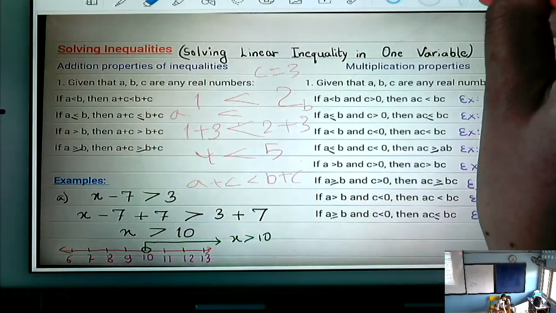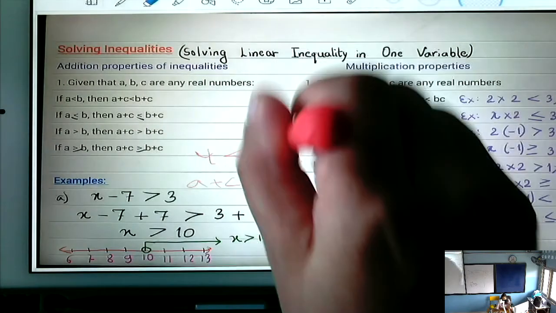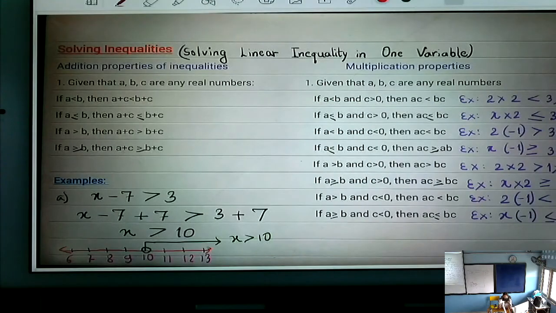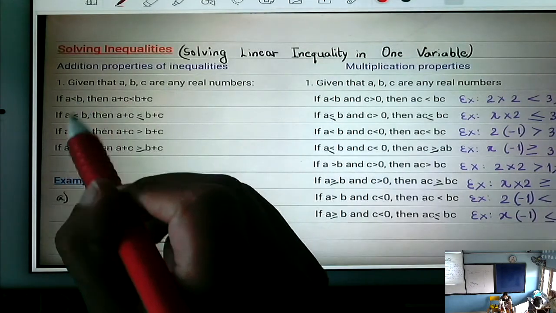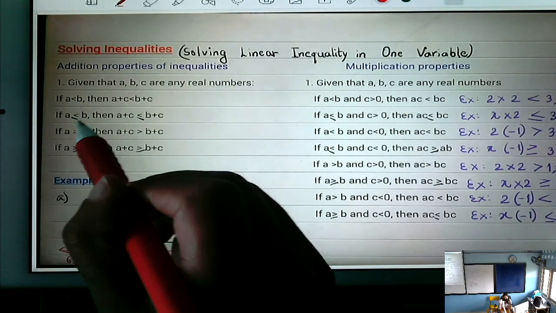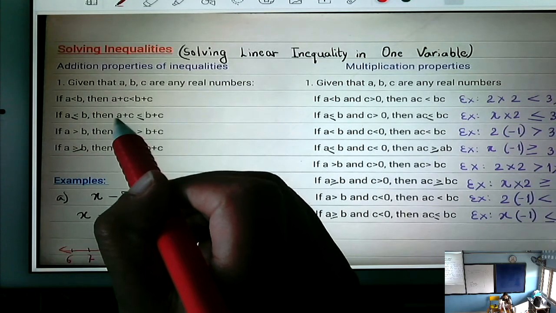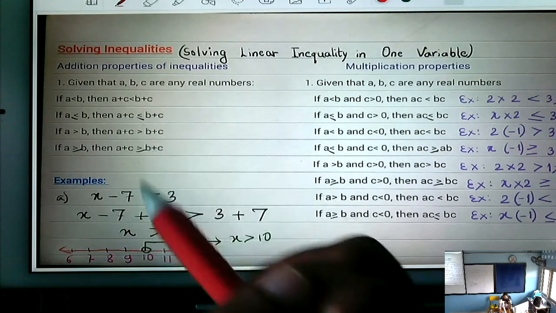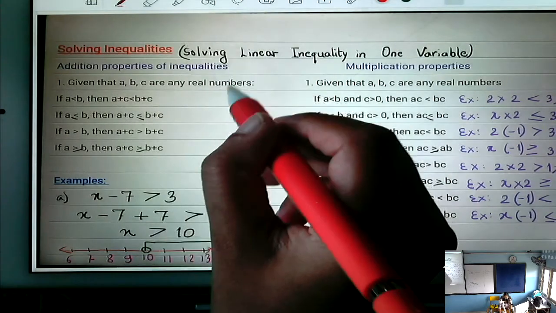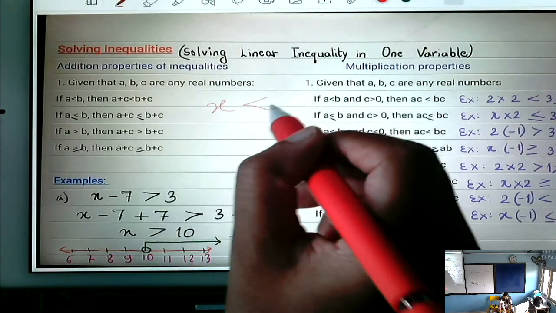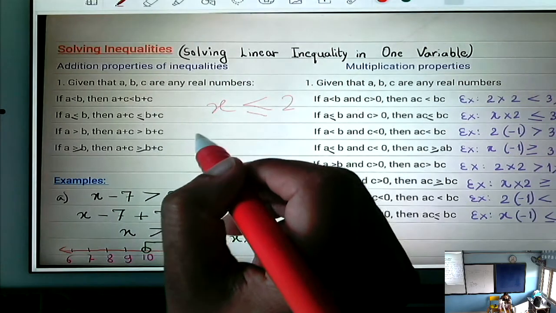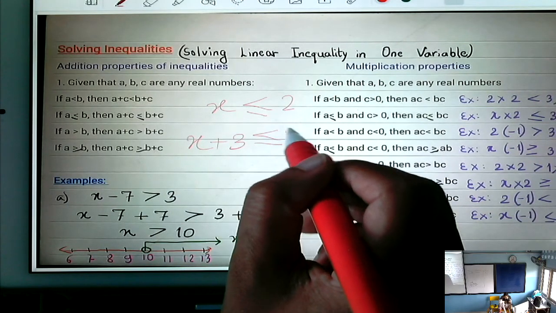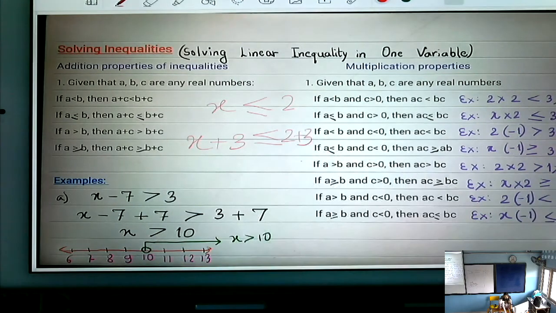Okay, if you don't understand, later when you do the problems, you will understand better. Now similarly, if A is less than or equal to B, then A plus C is also less than or equal to B plus C. This means if x is less than or equal to 2, then x plus 3 is also less than or equal to 2 plus 3.